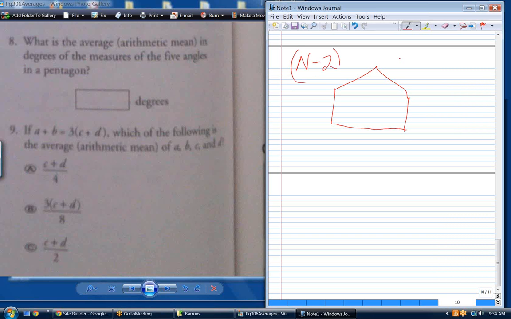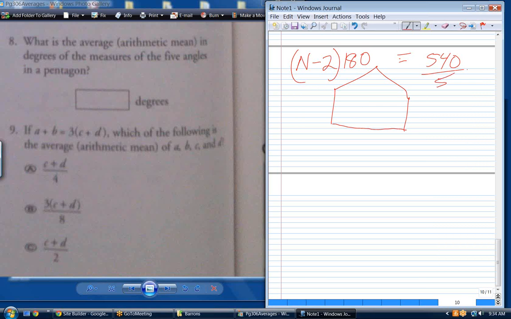I'm going to show you two different ways. There's the formula, where n is the number of sides of your shape. In other words, if n in this case is 5, then I have 3 times 180, so I should have total angles of that.